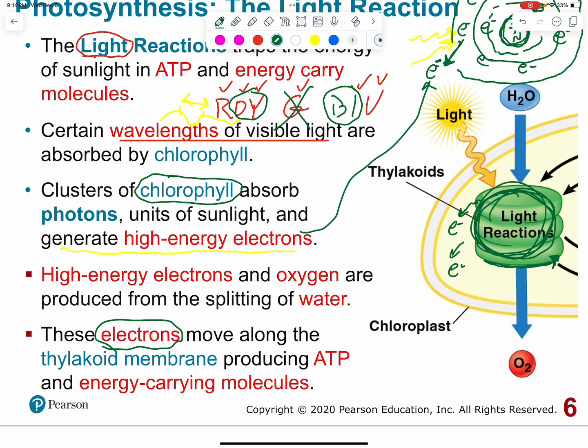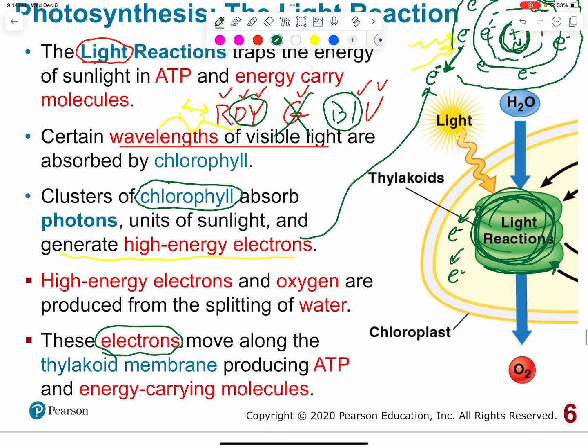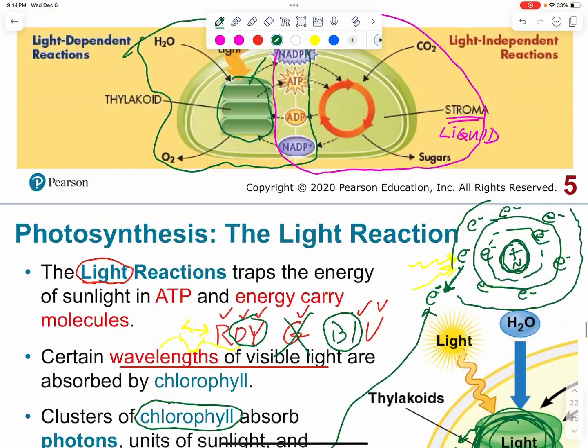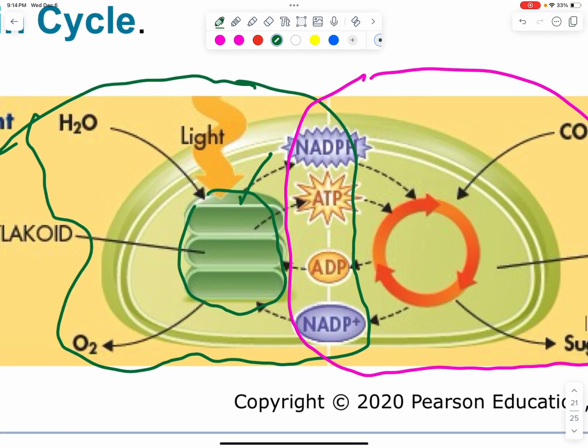And it is going to then pack up a lot of hydrogens in this space that are going to be used to make ATP. And high energy electrons are going to be put in electron carriers and sent to the next phase.